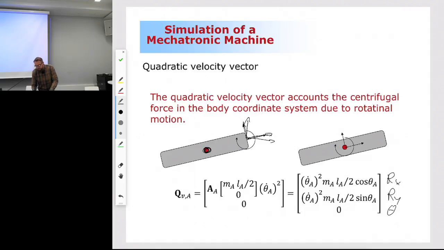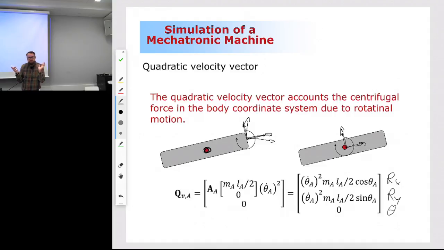And these are depending on the angular velocity. So that's what the quadratic velocity vector is about. It's a force, kind of like an inertial force, due to this phenomenon. So if you then move your body reference coordinate system to the center of the mass and you rotate the body, how much force does the body reference coordinate system experience because of the rotation? 0.